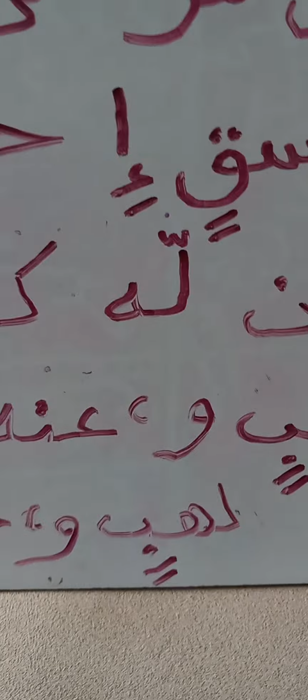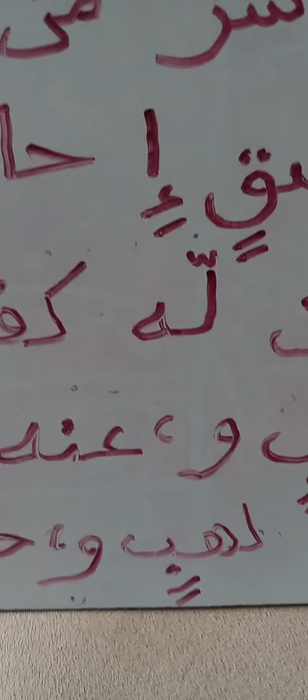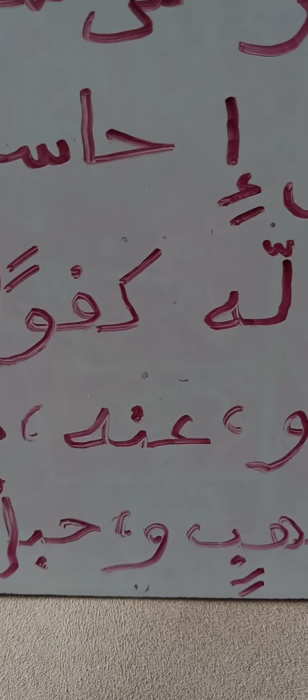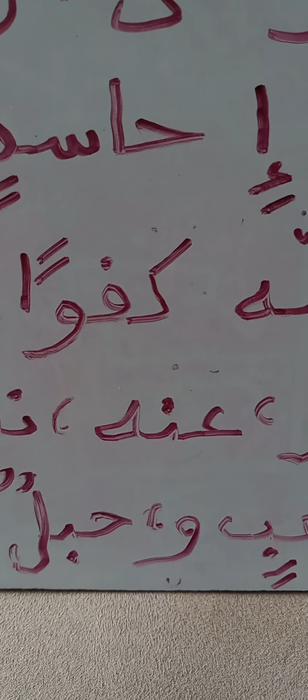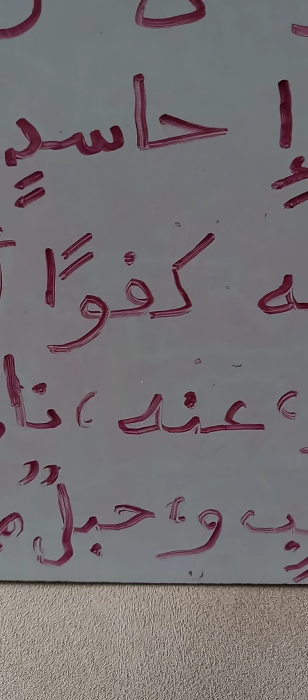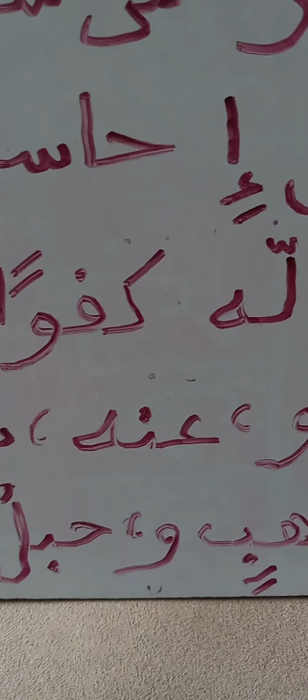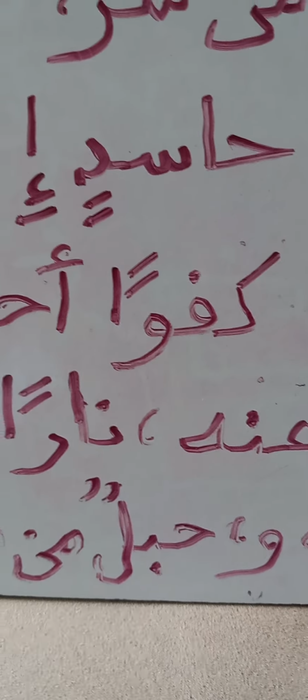Then you have the same scenario, lahabin wa. The rule there is going to be iqlab. Is going to be idgham because the waw came after the tanween. Habalummi.